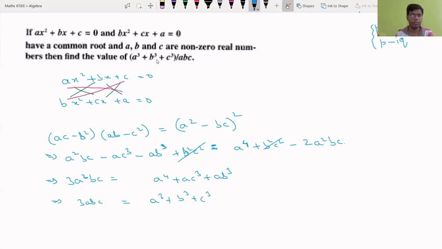What we need is a cube plus b cube plus c cube by abc. So let me take this abc over there. I'll get 3 is equal to a cube plus b cube plus c cube by abc. So this is the value which I'll be getting for this given expression.